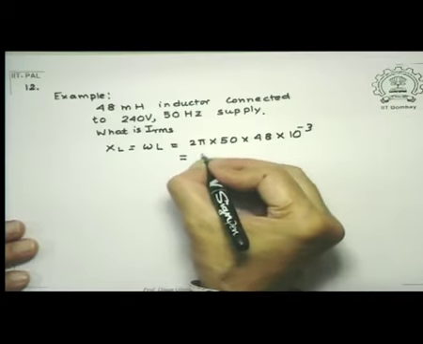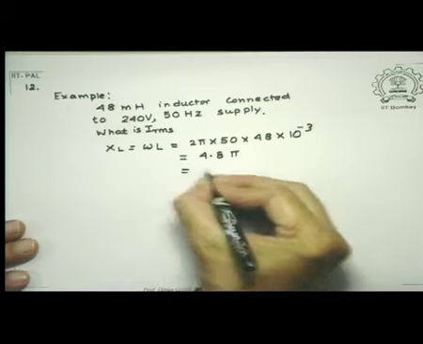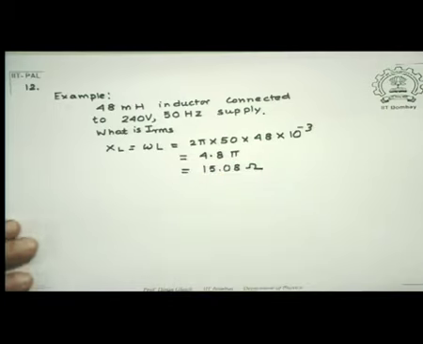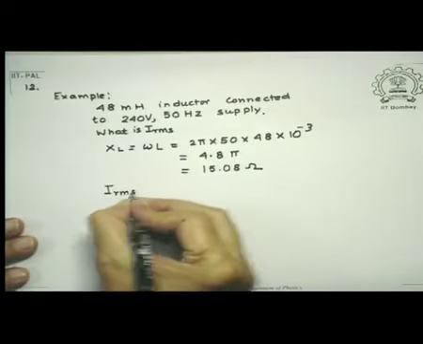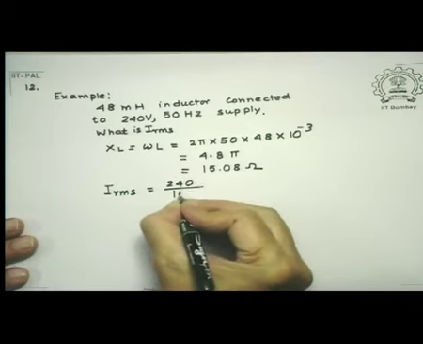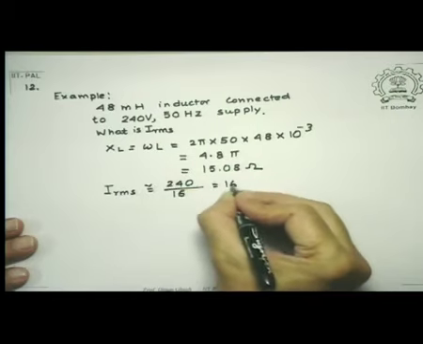That is 4.8 pi, which if you calculate works out to 15.08 ohms. So my RMS value of current is 240 divided by 15.08, let's take it as 15, that's equal to 16 amperes.